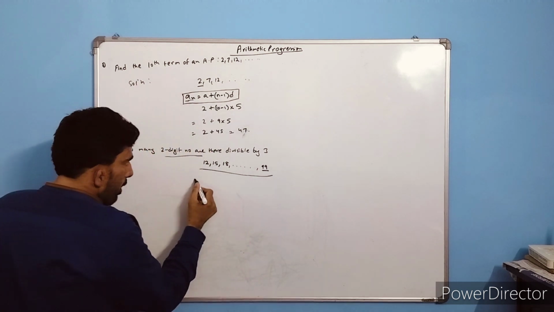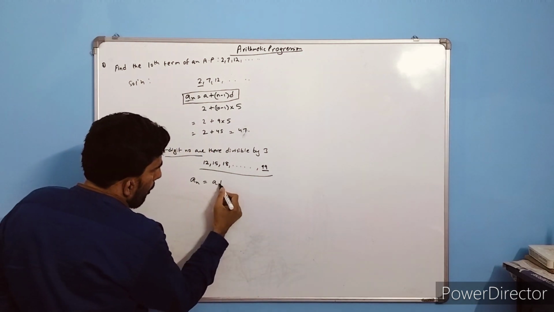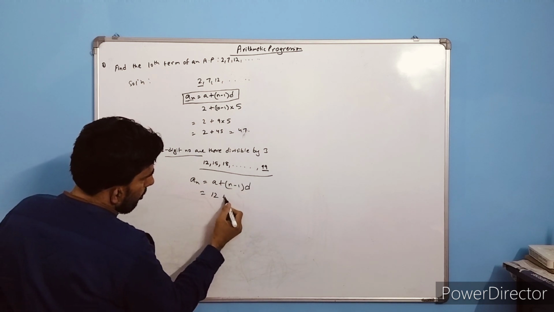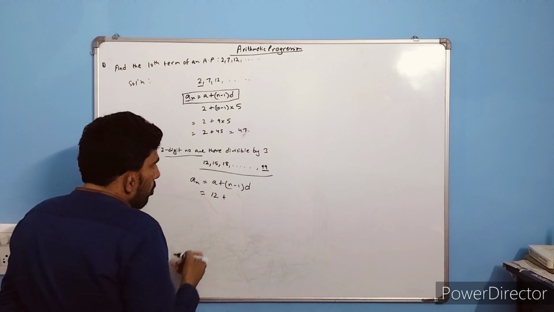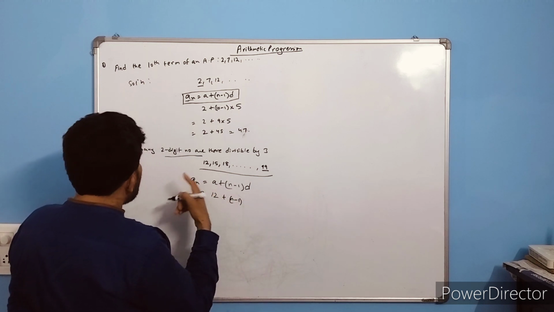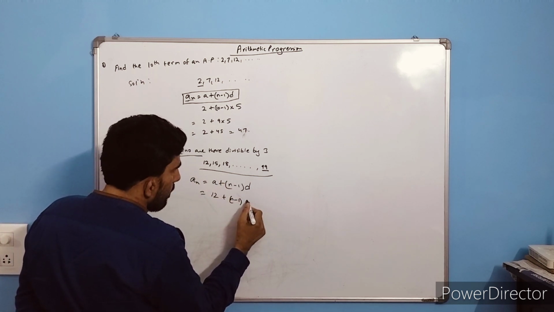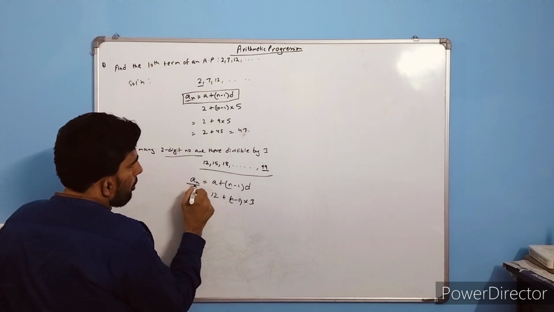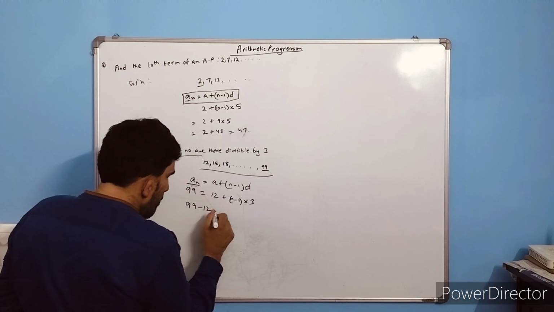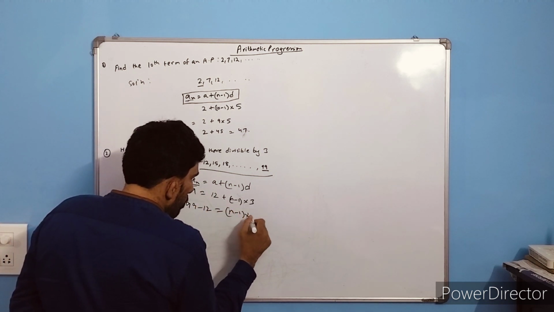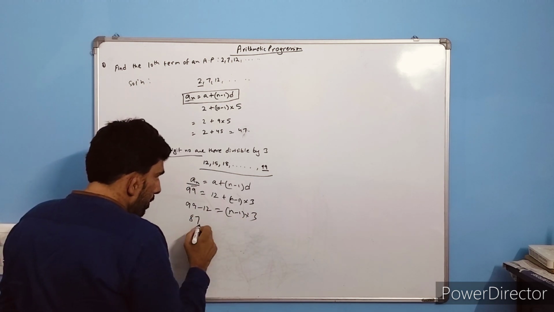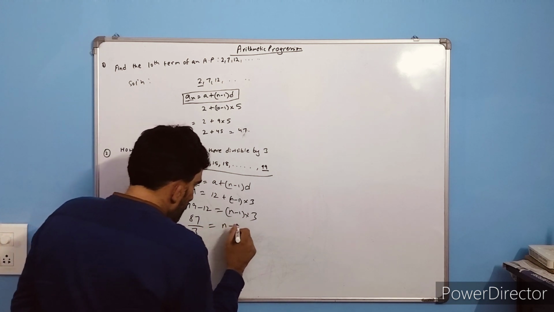Now we'll apply the formula, an is equal to a plus n minus 1 into d. What is a here? 12. n I need to find, how many 2-digit numbers they are asking, and the common difference is 3. The last term is 99. So 99 minus 12 is equal to n minus 1 into 3. So I got 87 by 3 is equal to n minus 1.